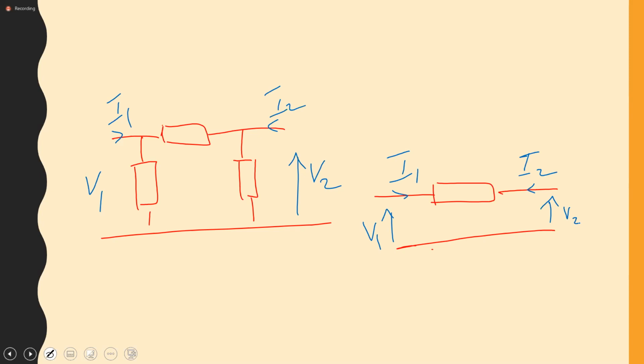I want you to try and calculate the parameters for the Pi network and also the parameters for the 6 ohm. So, let's deal with the one with the 6 ohm.